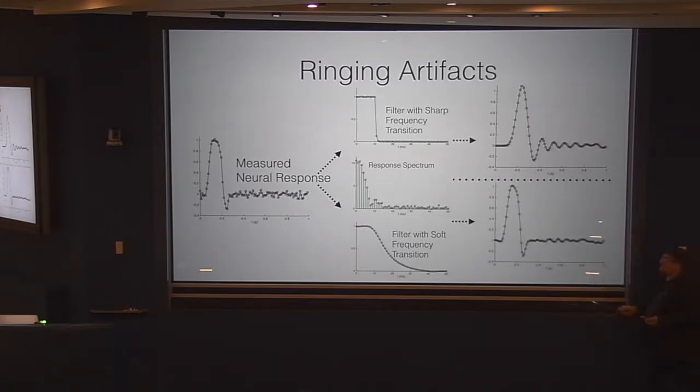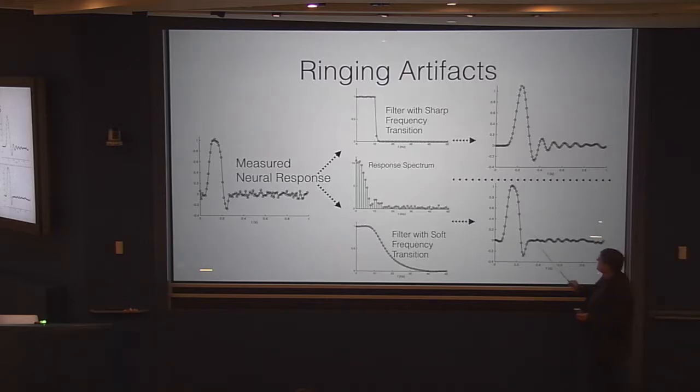Whereas if you use this ugly, soft frequency transition that leaves lots of noise in, it really does a pretty good job. It's got some bumps over here, but let's be honest, our signal's got some bumps over there too. You can't expect to get rid of all noise and keep only signal. There's going to be some compromises.